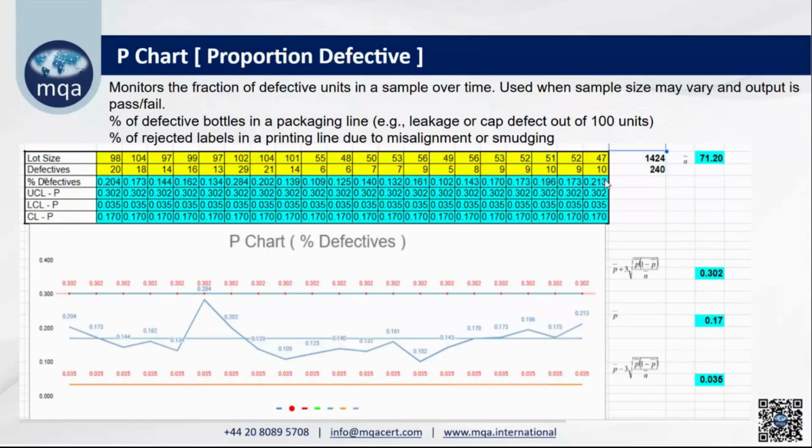So for 22 batches we have the average percentage. So we average this percentage, and this average is P bar. So it is the average of all the readings of percentage defective divided by the number of batches.